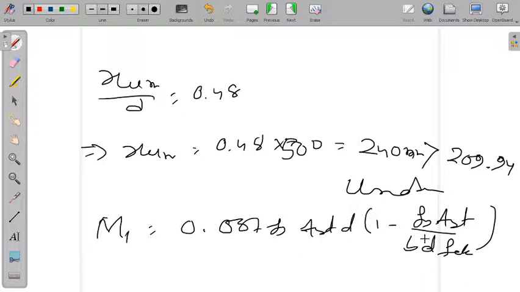You can use the other equation also, that is Mu is equal to 0.36 fck xu. In that case, xu max we should not use, we should use xu. Anyway, both equations are fine. If you calculate this value using the original data, it comes out 187.754 kilonewton meter. So you got the M1 value.